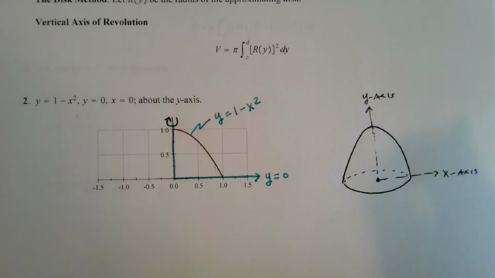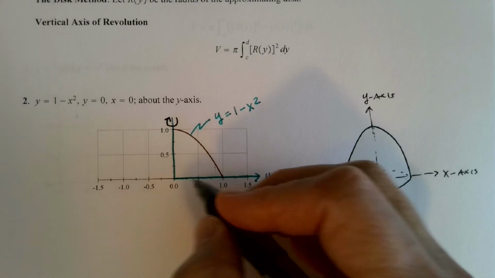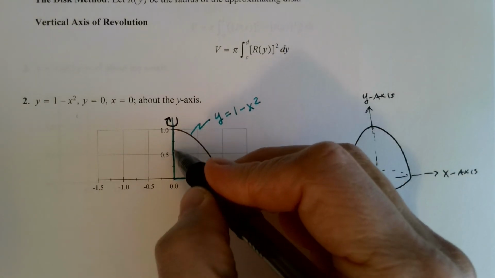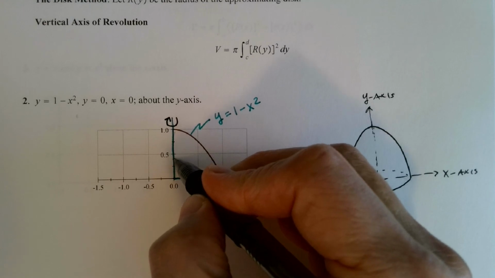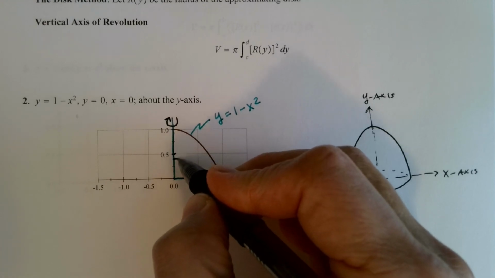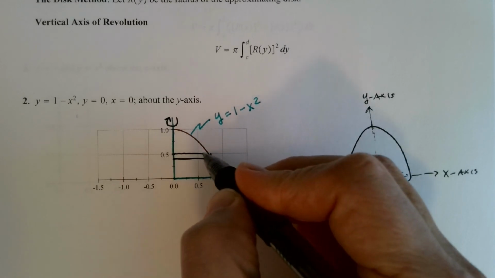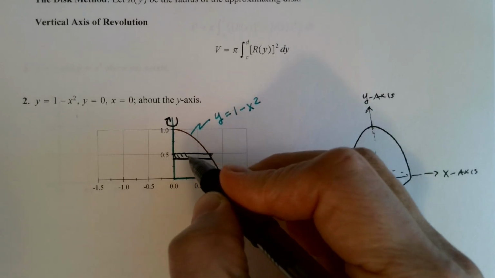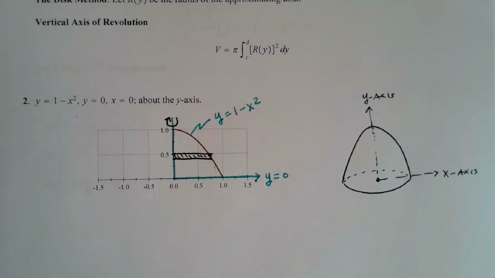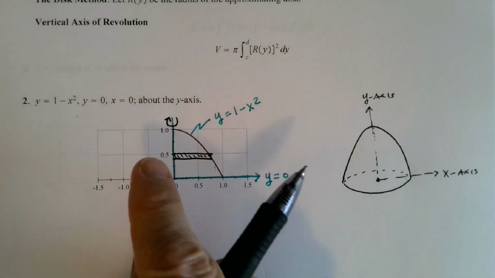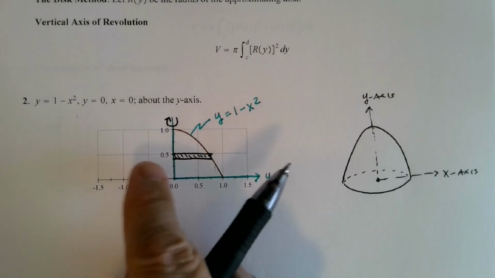And so we could do that. Notice this time, instead of integrating with respect to x, we're integrating with respect to y. And when we pick an arbitrary interval, our rectangle is no longer vertical, but horizontal. And we take that rectangle and we rotate it about the y-axis, and what do we get?